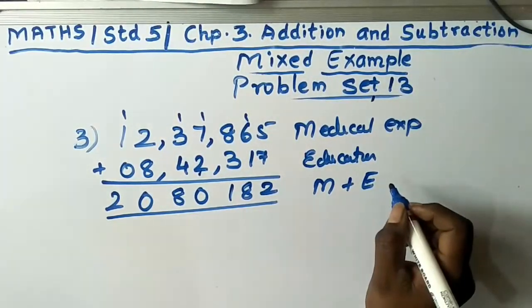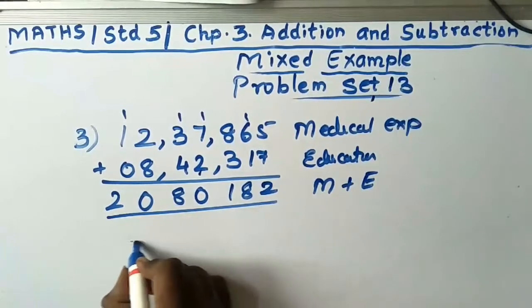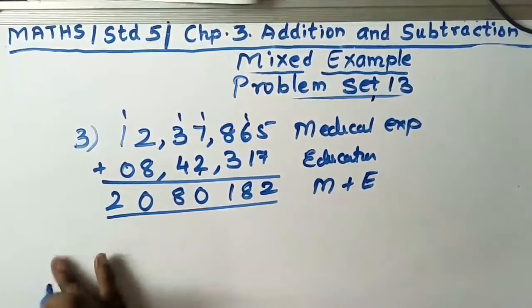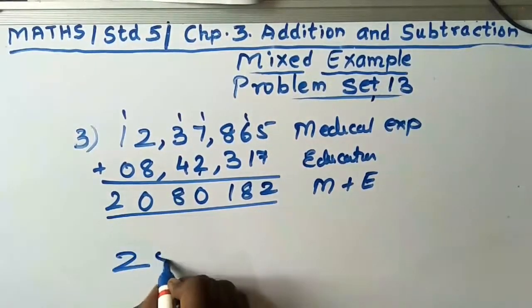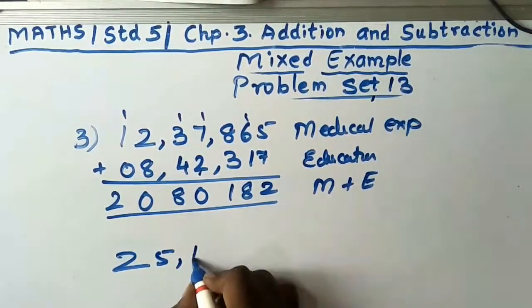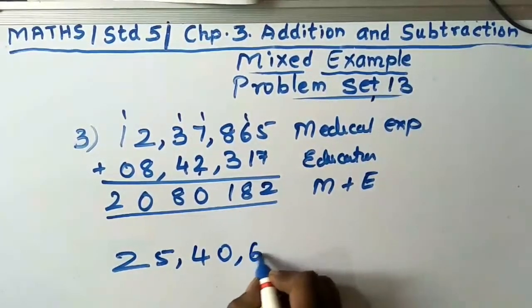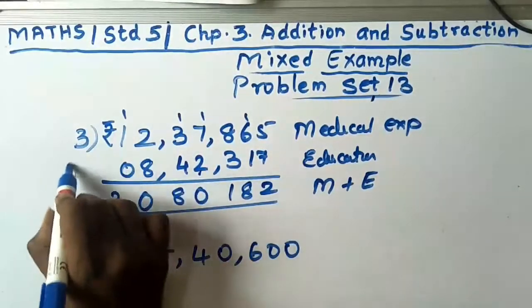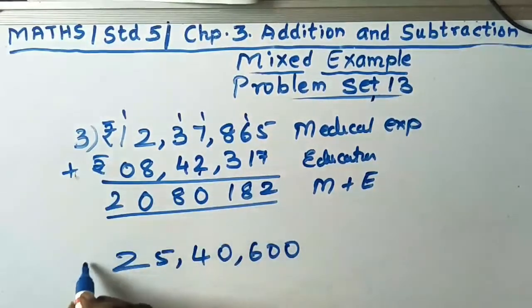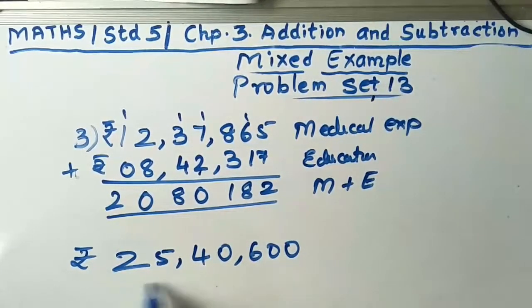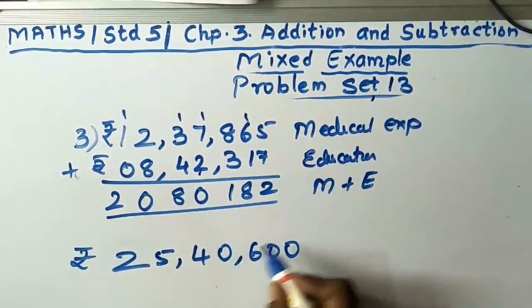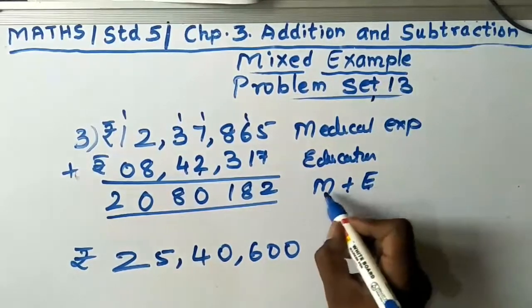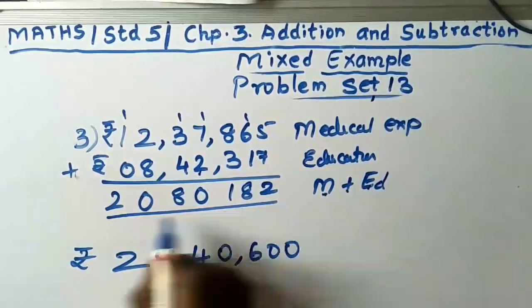But the management has a fund of 25 lakh 40,600 rupees. So these are the rupees. Here also you can write rupees. Now these are the total rupees which they have. From this they spent medical expenses and education expenses.